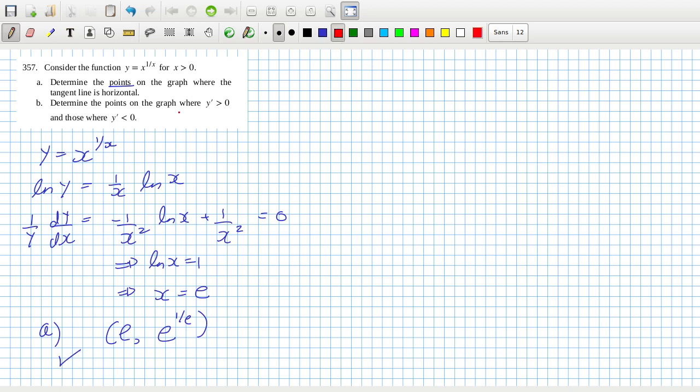And then where is the derivative positive and where is the derivative negative? So the derivative is 1 over x squared, 1 minus log x, and then this is times y, which is x power 1 over x. So I think this isn't going to affect the sign, so we'll forget about this.